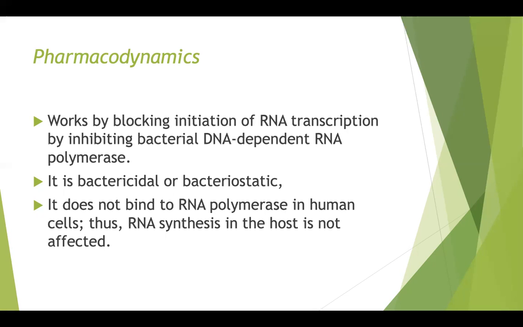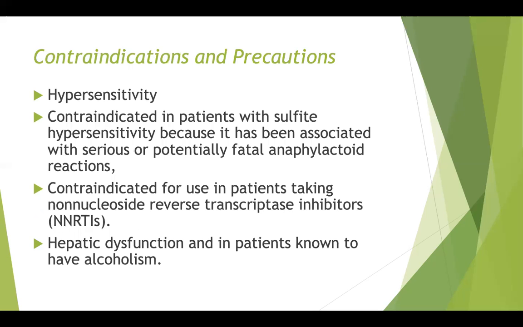It is both bactericidal and bacteriostatic, and it does not bind to RNA polymerase in human cells. Thus, RNA synthesis in the host is not affected. Okay, so it is only affecting the RNA of the bacteria, but the RNA of the human cells is not affected. So this is a very friendly drug for us.